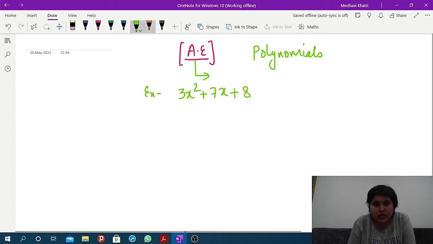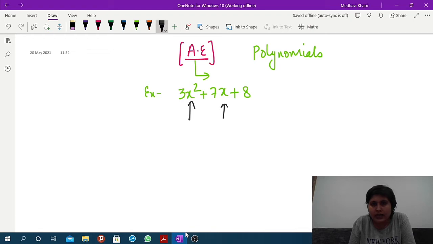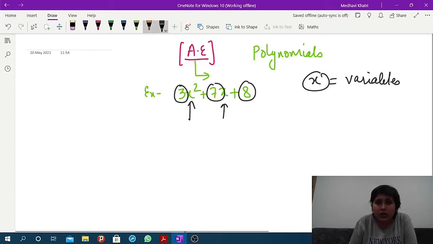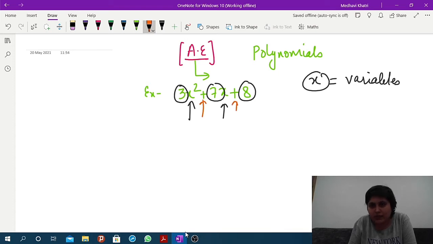Let us check first of all whether it is an algebraic expression or not. Here variables are there, that is x is in the place of variables. We have constants, that is 7, 8 and 3, and we also have mathematical operations, that is plus and multiplication sign. So yes, it is an algebraic expression.